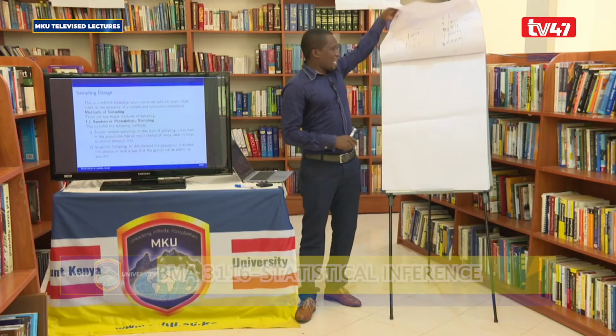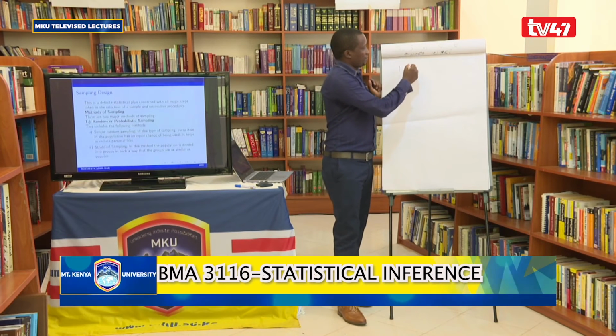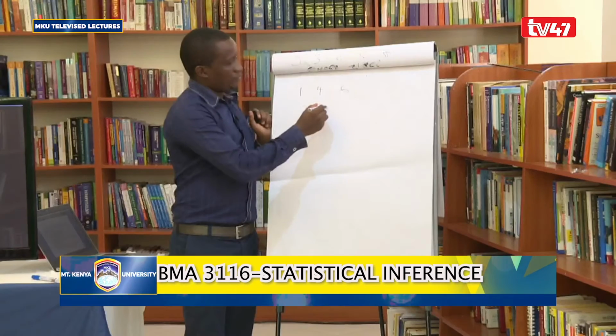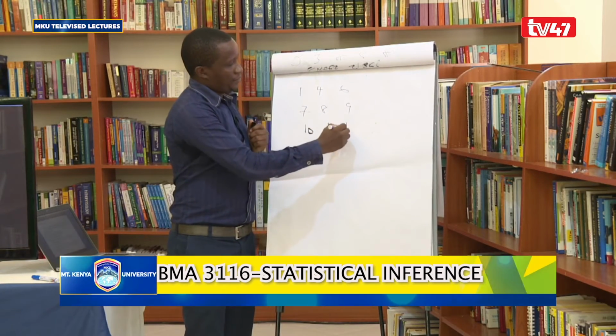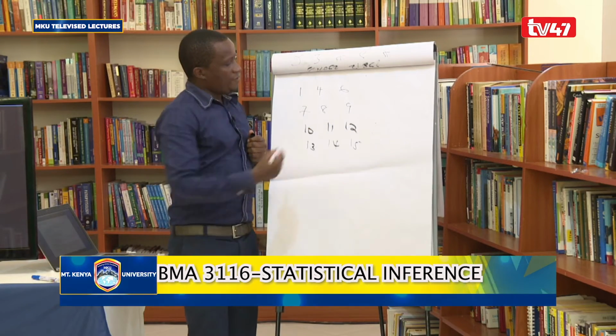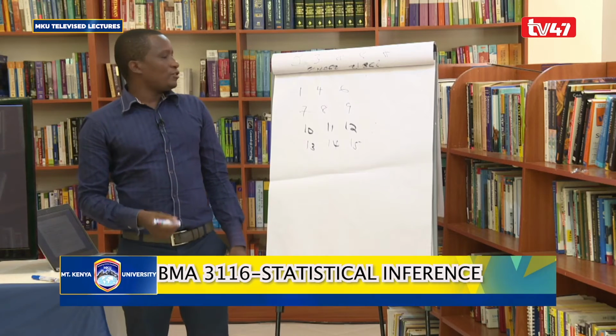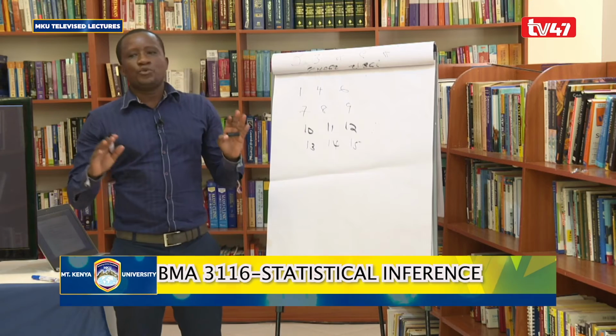So what are we saying? Now, consider the following values. If I want to get a random sample from this, I will not divide this into any value.